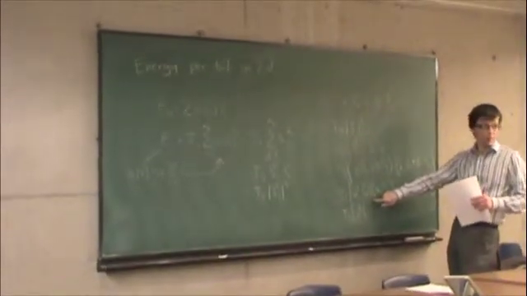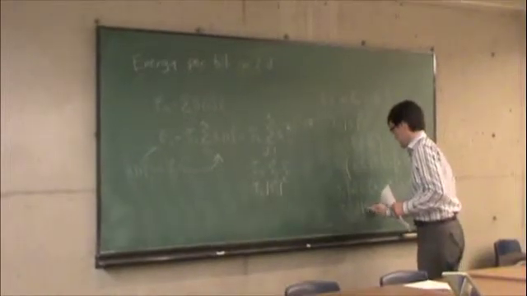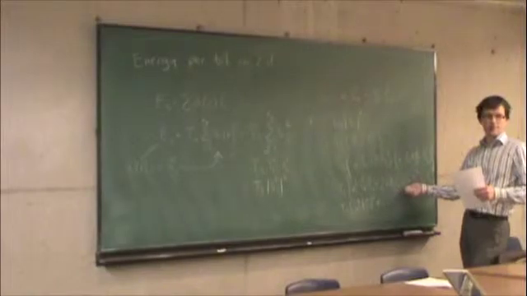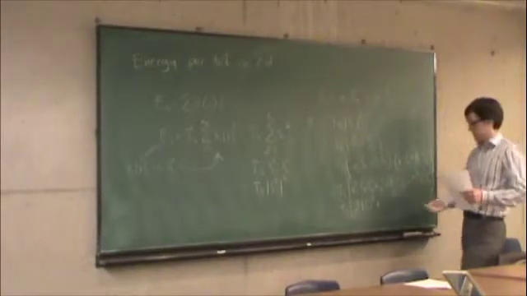A vector dotted by itself is equal to its norm squared. s_x dot s_y is what? 0, because they're orthogonal.